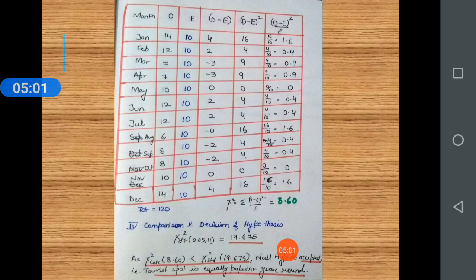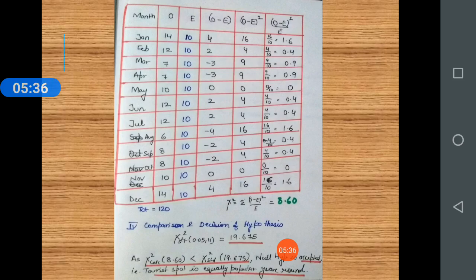Let's say for the month of January, the observed frequency is 14 and the expected frequency is 10, so O minus E will be equal to 14 minus 10, which is equal to 4. Then we need to calculate the square of the difference between the observed and the expected frequencies, which will be 4 square, which is equal to 16. And then finally, we need to divide this square of the difference by the expected frequency. So 16 divided by 10 will be equal to 1.6.